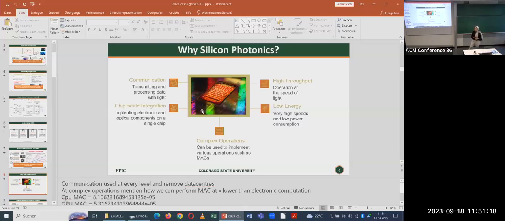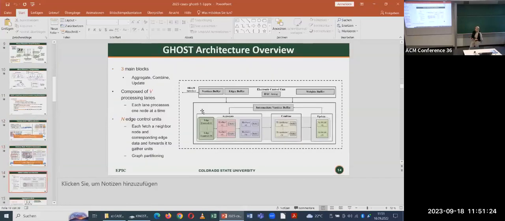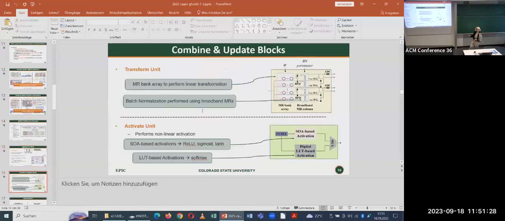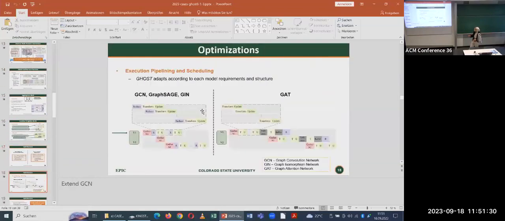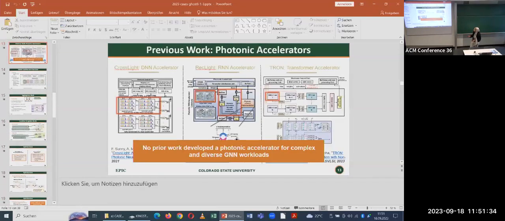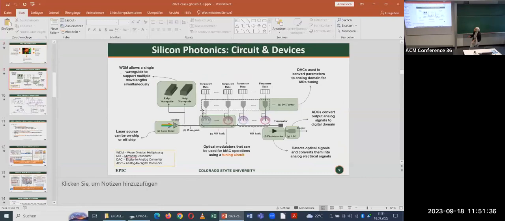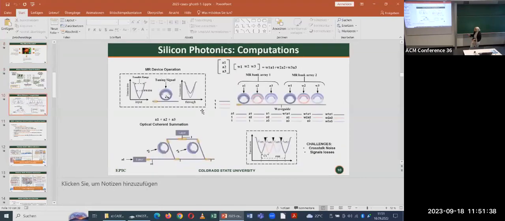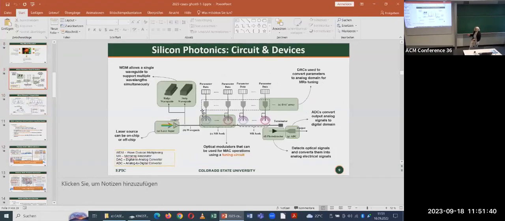And one other question, how did you convert the electronic data into photonic data and backwards? And how much energy does that take? So, to get the optical signals, we have the laser source which generates the optical signal.